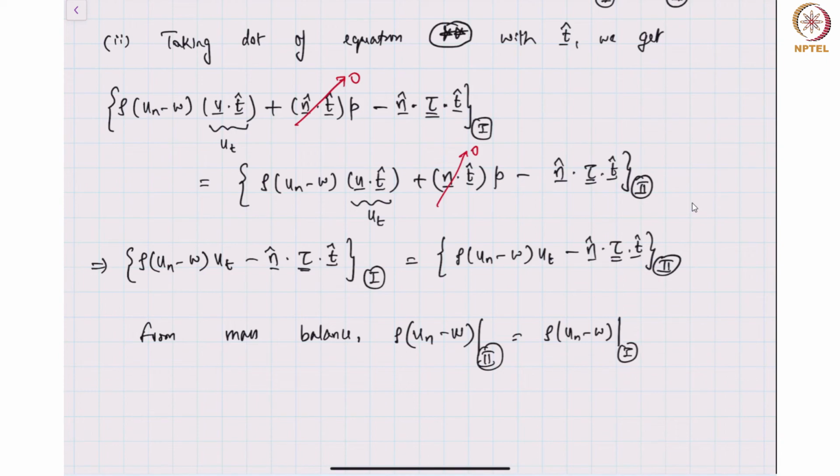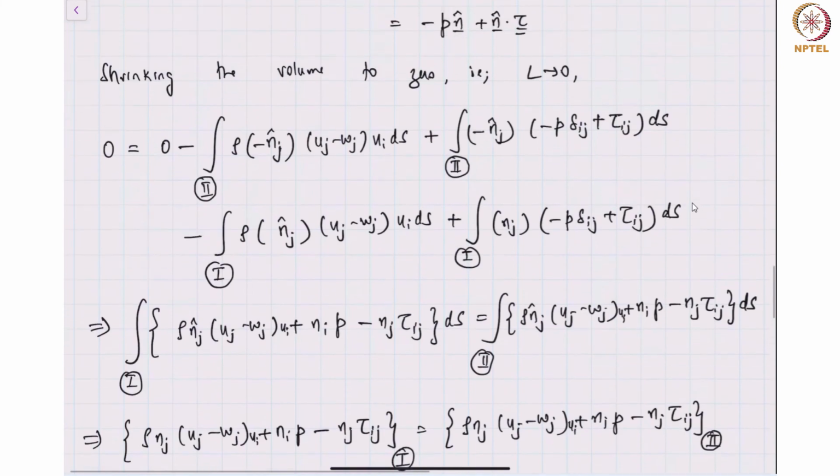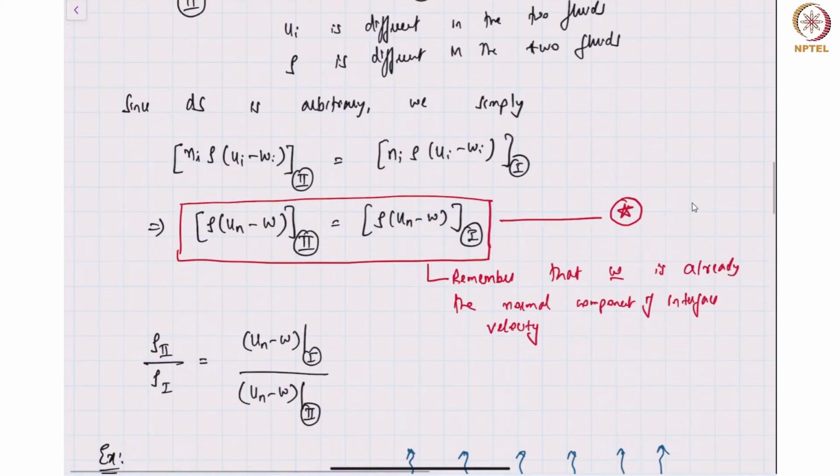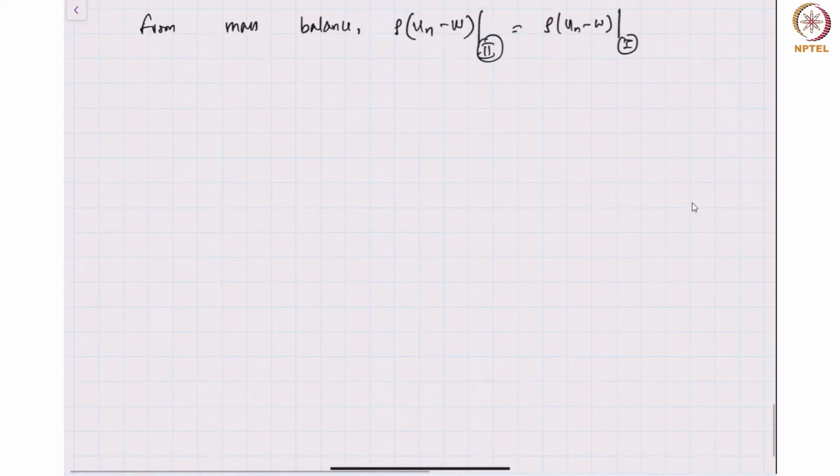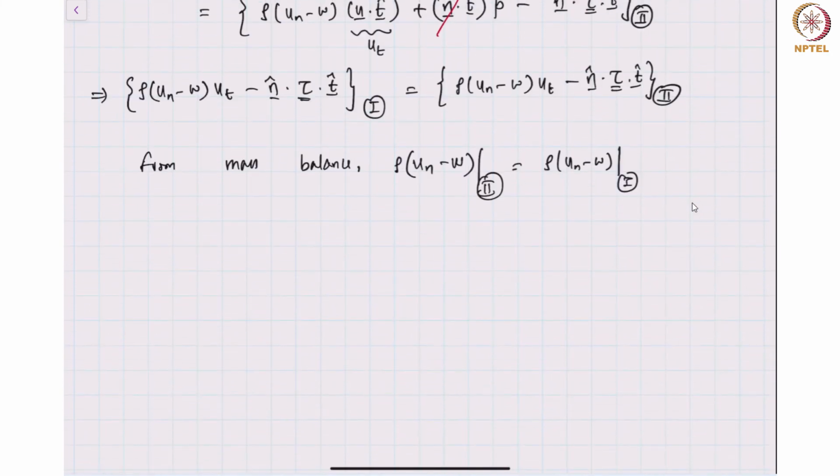We have already derived this. Okay, I'm going to show it here. This is rho (u_n minus w) over the two regions across the interface is the same. Okay, and if I use this relationship, the terms that I'm going to now highlight, this term and these two terms are exactly the same.